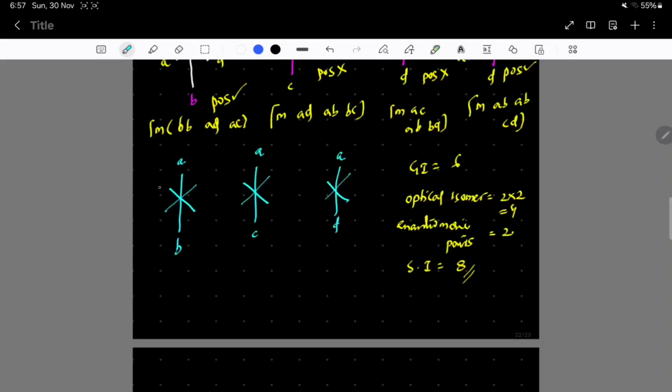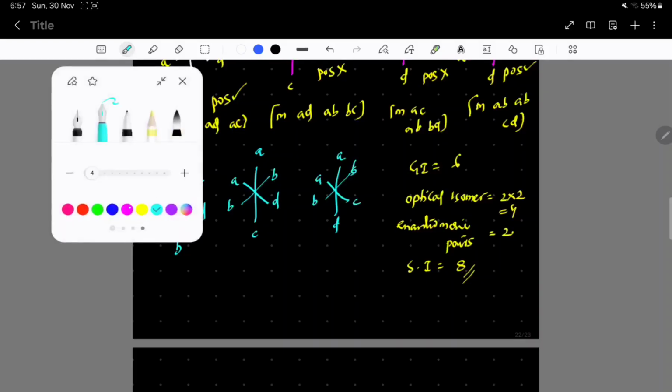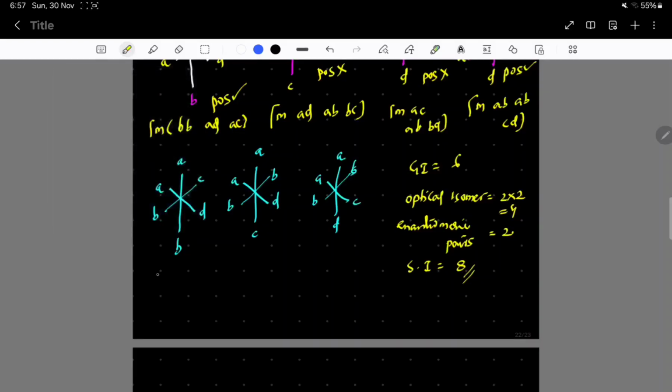The remaining ligands I can arrange, student, that is ABCD and ABBD, and I can arrange this will be ABCBC. Now just you can check the combination, student. So this combination is MAB AD BC, clear, right.